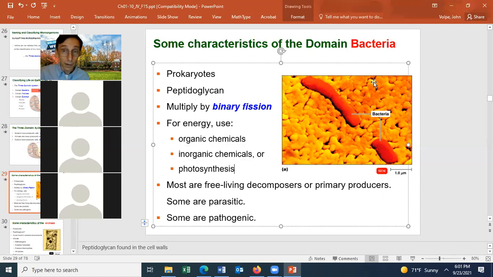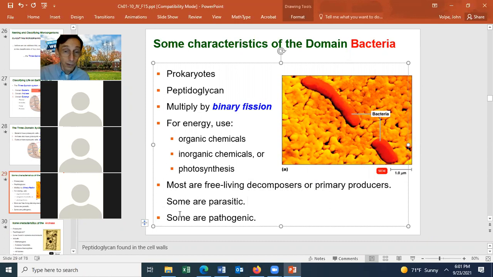You should know that most of the domain bacteria are free living species, free living decomposers, they decompose things, or free living primary producers, like the photosynthetic organisms or the chemosynthetic organisms. But some of the bacteria are parasitic, meaning they live on and off of a host and do damage to that host.